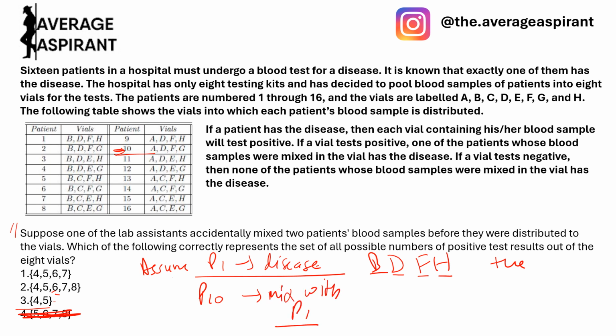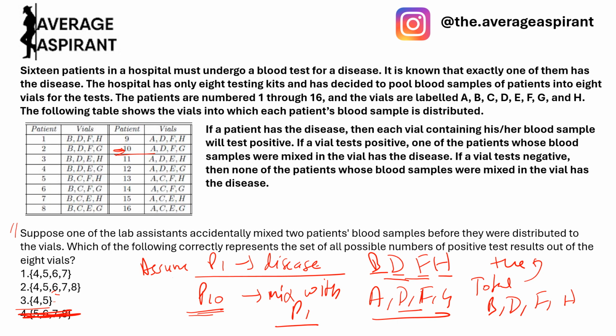So all vials having P10's blood will also test positive. P10 has A, D, F and G. Now D and F are common. So the total vials which are positive would be B, D, F, H, A, G. So we have 6 vials which are positive. So this is also not our option.